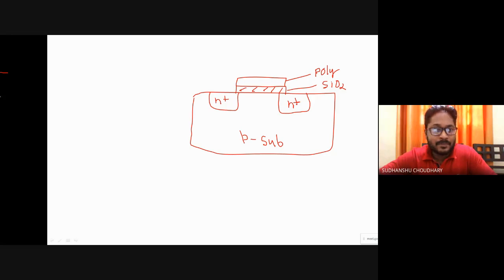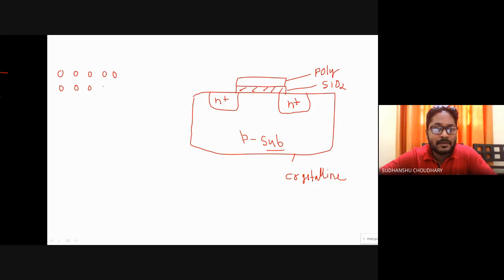It looks like this. Now this poly or polysilicon is actually the same silicon which is used here in the substrate, right? So in the substrate we normally use crystalline silicon. Okay, so the wafer is always a crystalline wafer. So what does crystalline mean? Crystalline means the atoms in the lattice of the silicon material have a periodic arrangement.